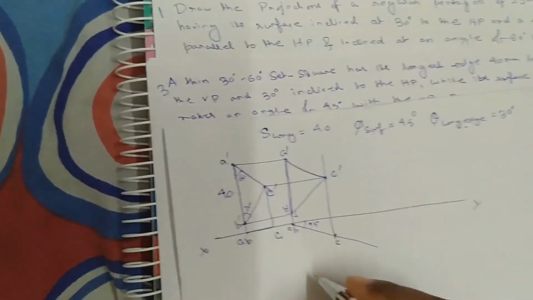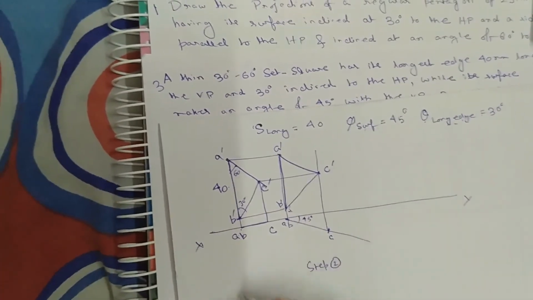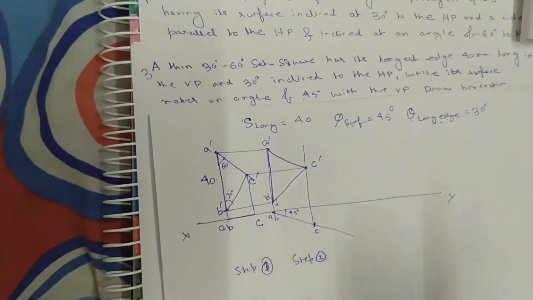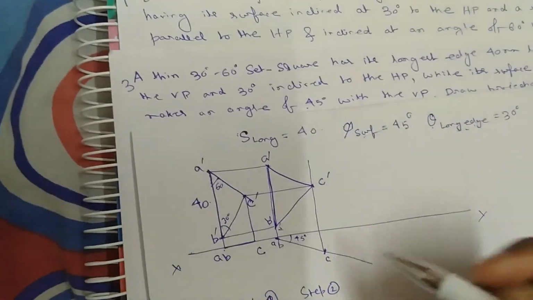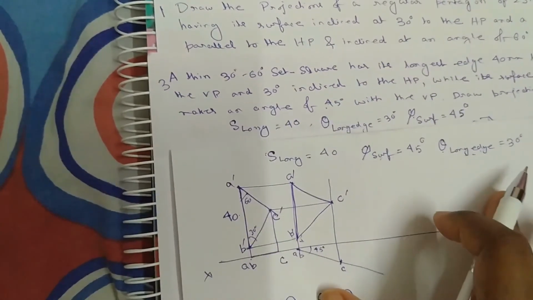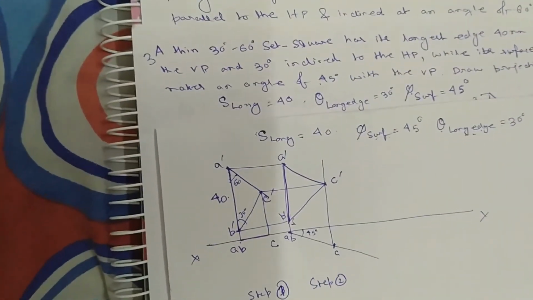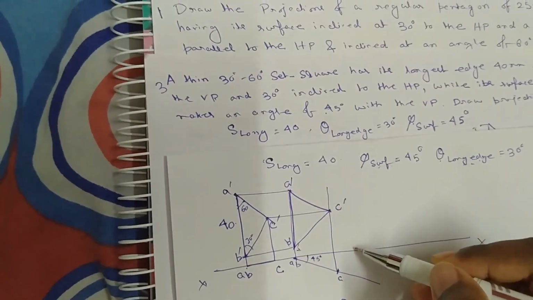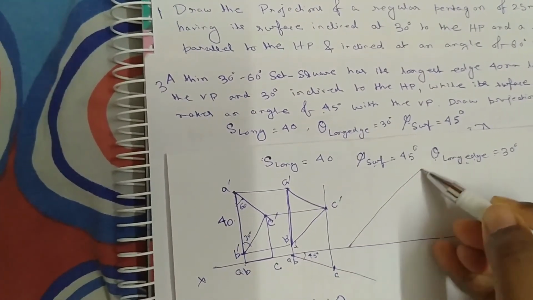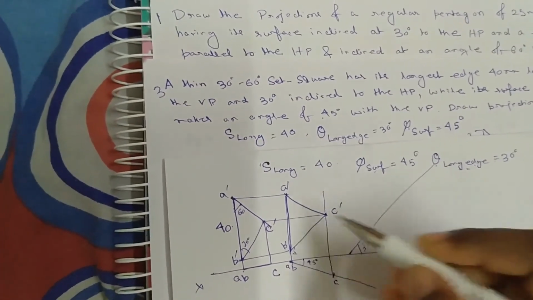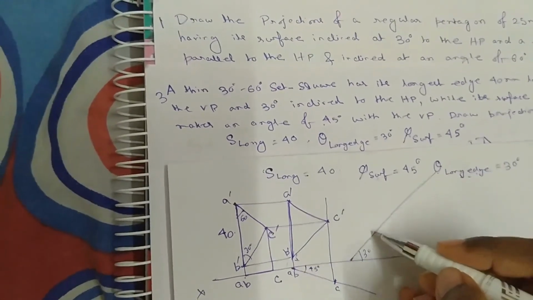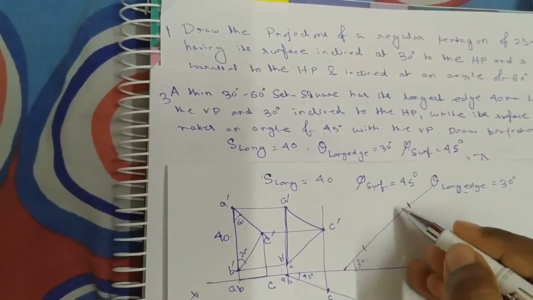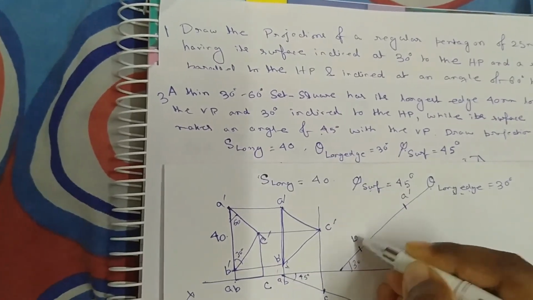So we cover our second step, that is our surface inclination, and this is the initial assumption. After that, we have to do our edge inclination. For edge inclination, we'll make an angle of 30° like that, and we are going to place AB over here, A dash, B dash, like that.